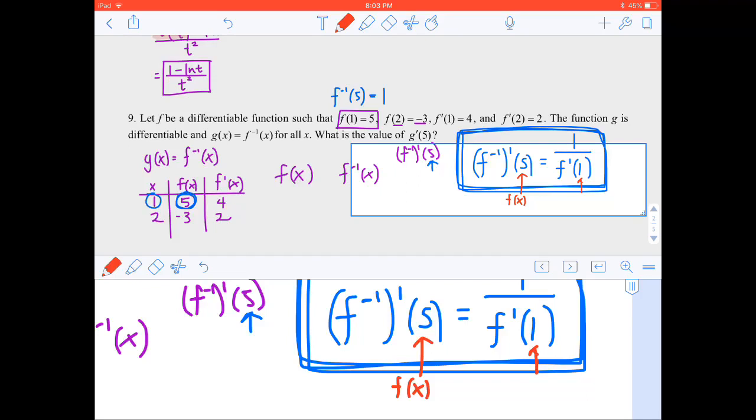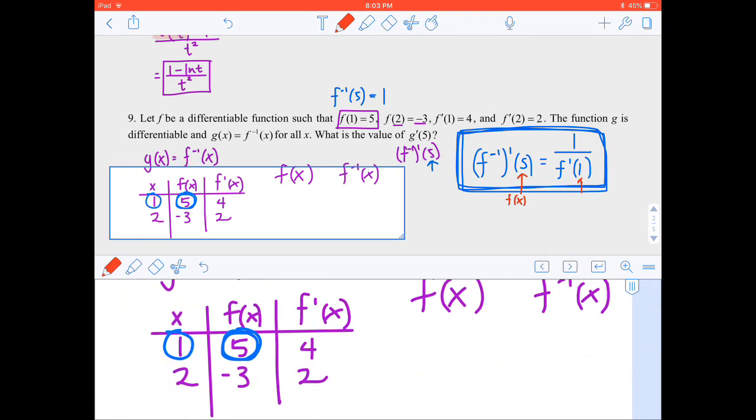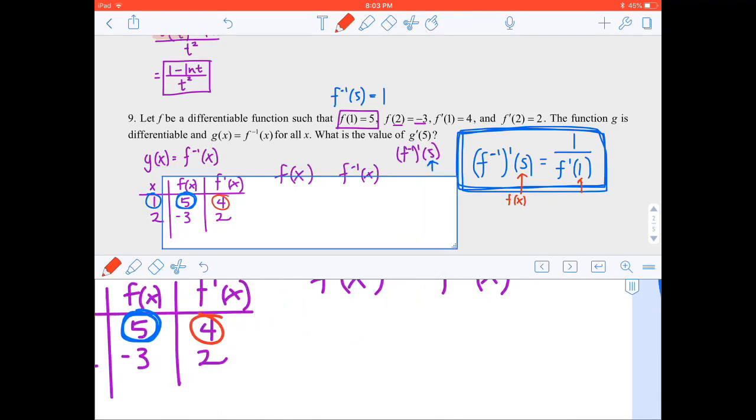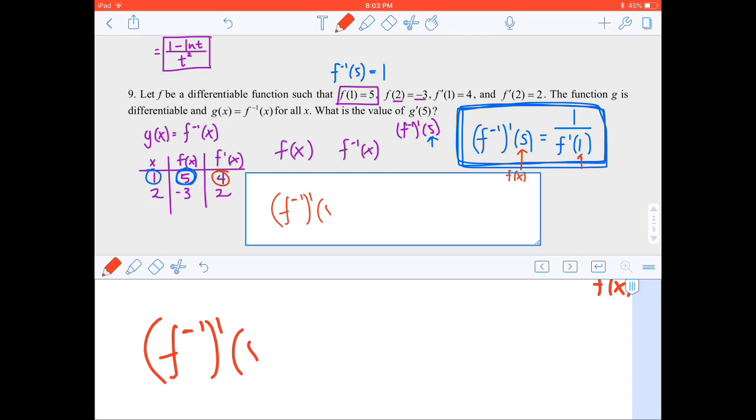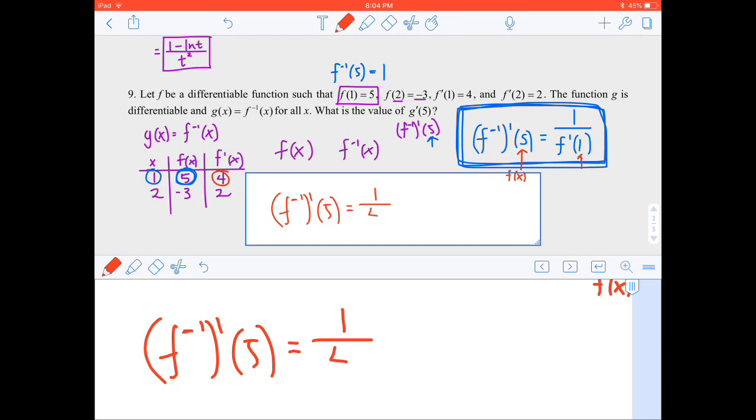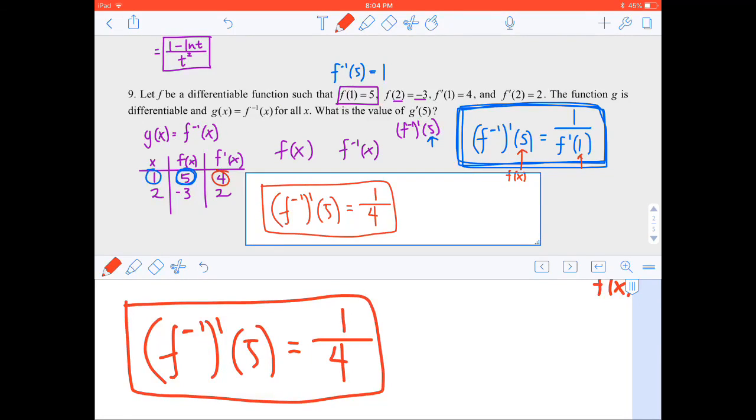So now all we need to know is, what is f prime of 1? Well, f prime of 1 is 4. So our derivative of the inverse at 5 is equal to 1 over 4. It's as simple as that.